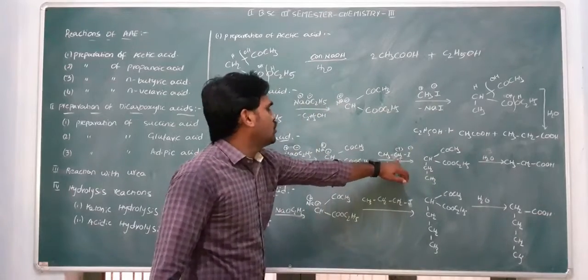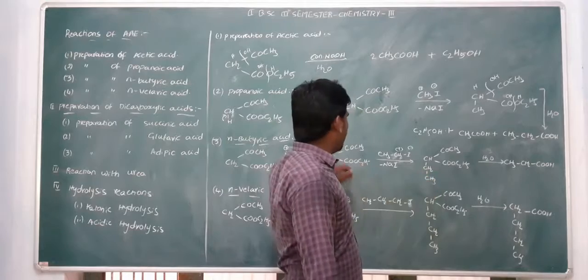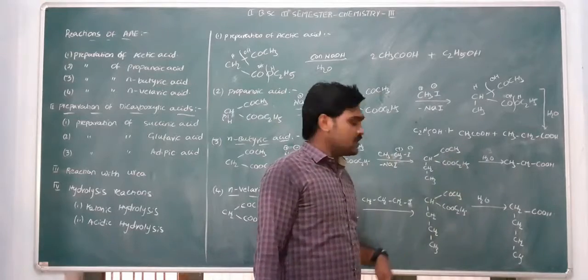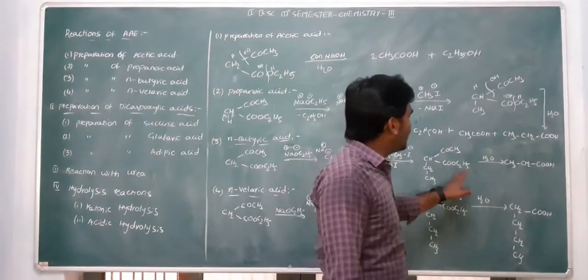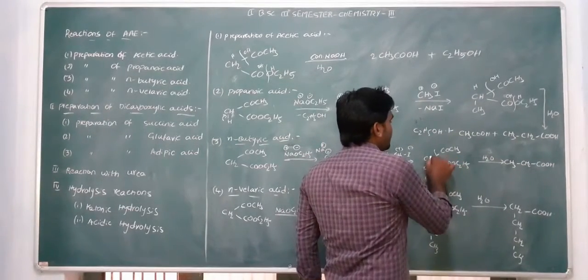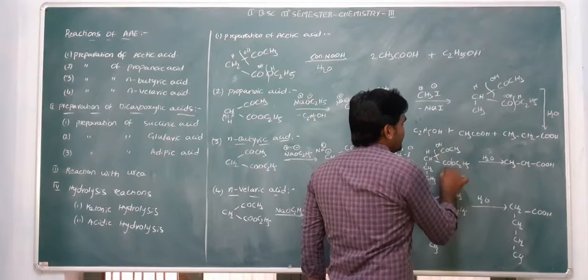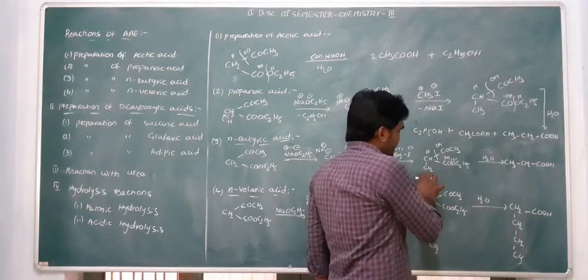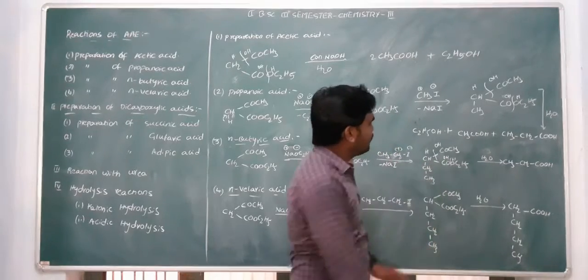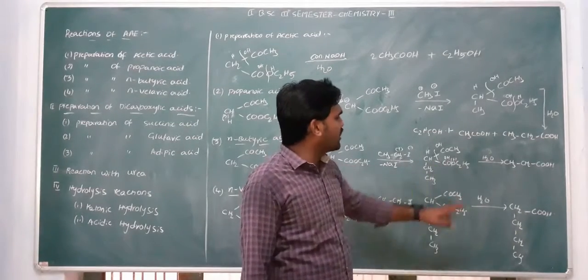When the positive part attacks the CH minus, we get CH3CH2 on the CH, with COCH3 and COOC2H5 as usual. When it is hydrolyzed, H and OH are added, giving CH3CH2CH2COOH.